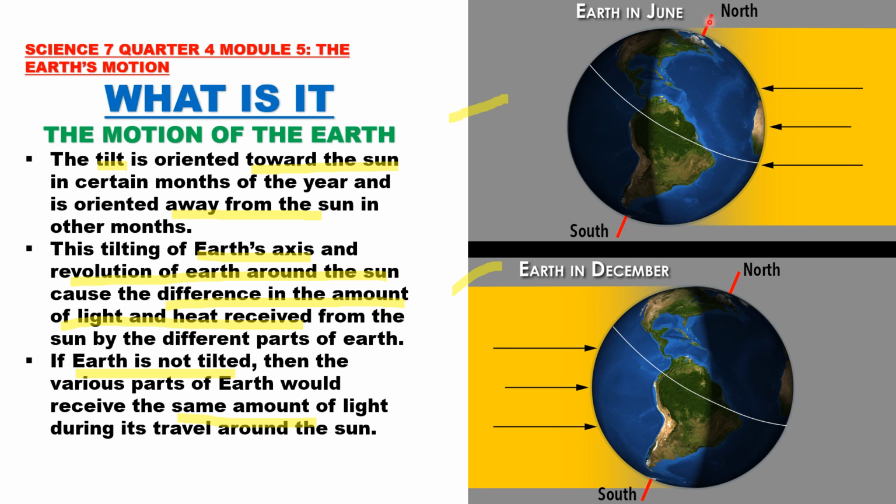So, when the North Pole tilts towards the sun, such as during the month of June, then it is summer in the northern hemisphere. And when the South Pole tilts towards the sun, such as during the month of December, then it is winter in the northern hemisphere.